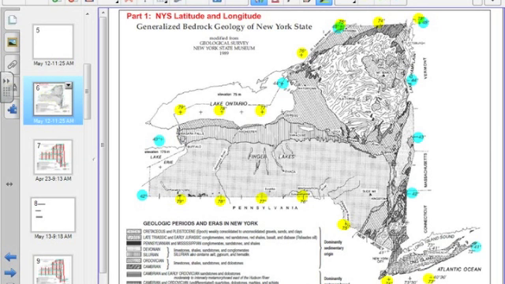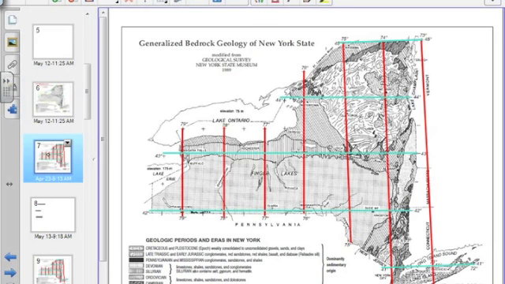Now granted, I would say in looking at this kind of map, it takes a little bit of practice. So how about as we get our bearings, we take a look at another view of the map, one that I've already drawn in those imaginary latitude and longitude lines.